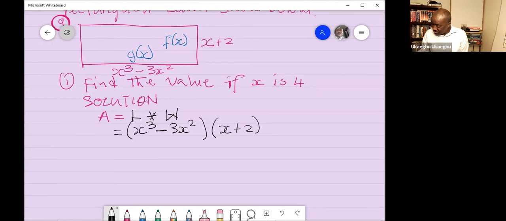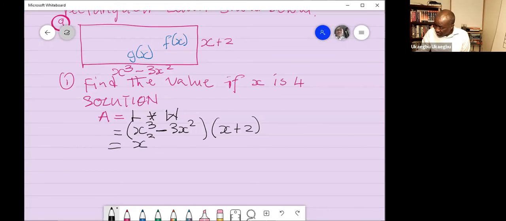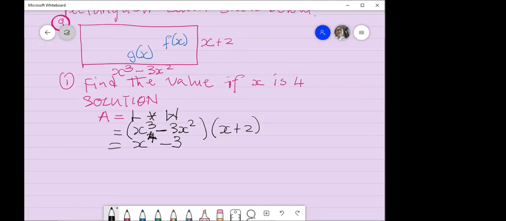So now let's use the distributive property quickly, everybody. x times x cubed is what? x to the power of 4. Then minus 3x squared times x is negative 3x cubed.